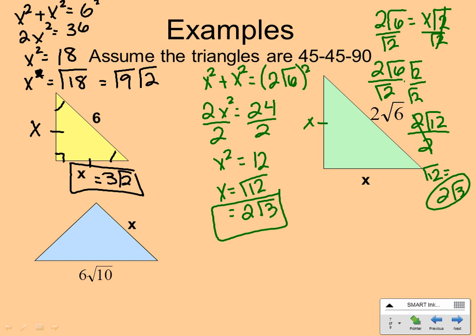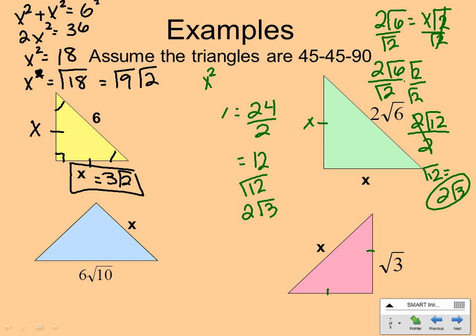This is the same thing, so I'll skip over that one. I want to go to this one. Because now, these are your side lengths. X is your hypotenuse. So start this one while I erase this and we'll go over it. Okay, so X is your hypotenuse.